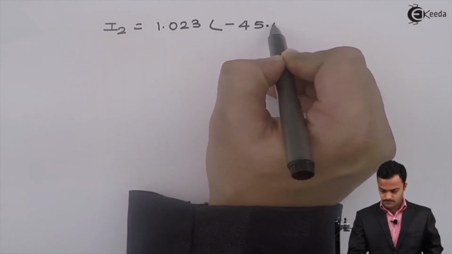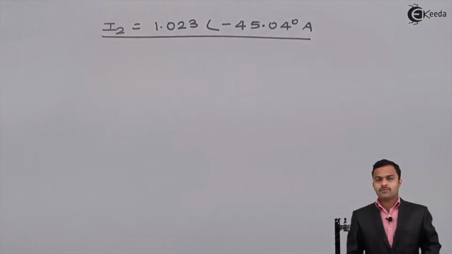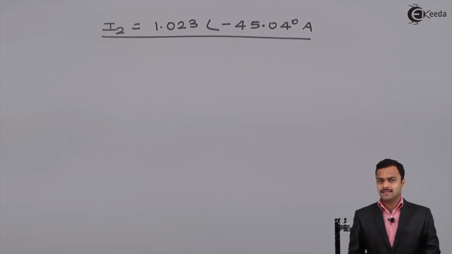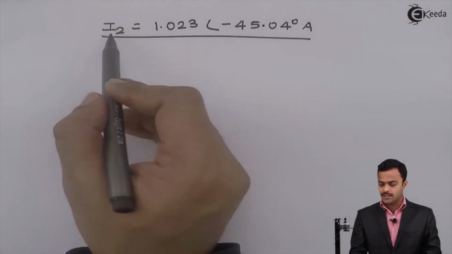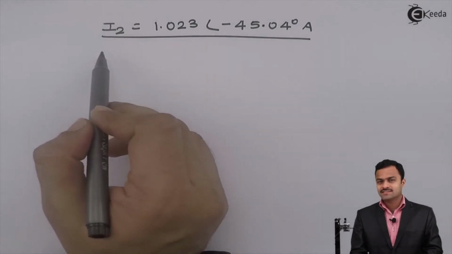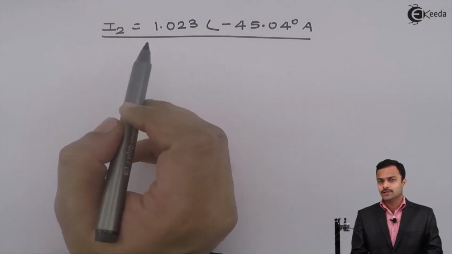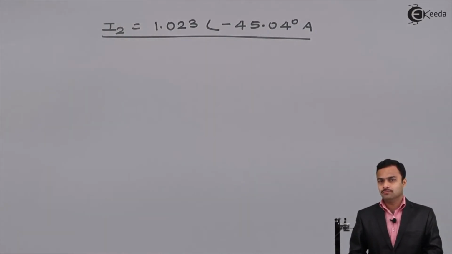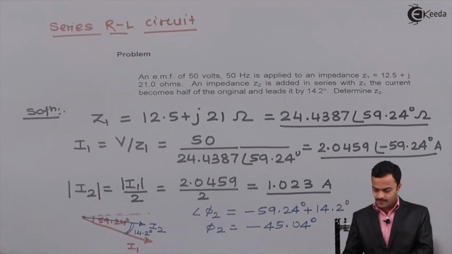We have to find out the Z2, that is one more impedance we have connected in series with Z1 in order to obtain I2 like this. Here, one precaution you have to take. You cannot say Z2 equal to V upon I2, because understand what they have said.